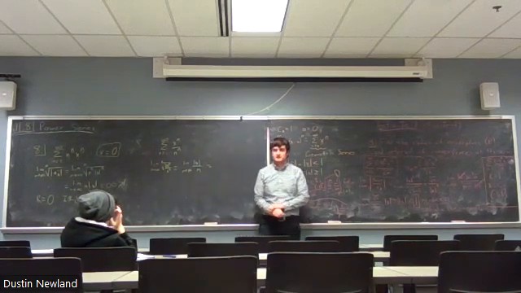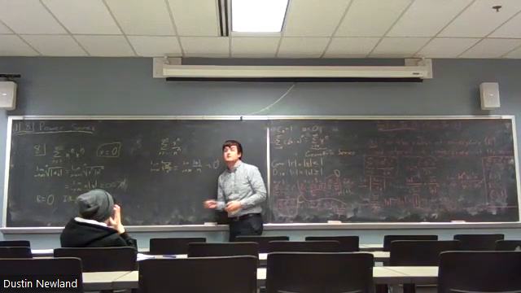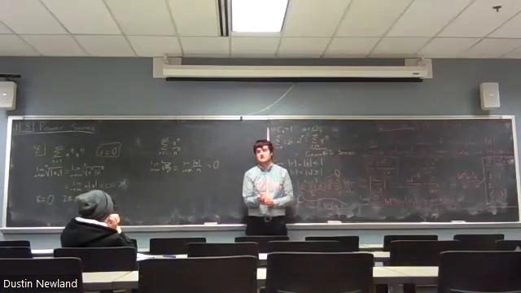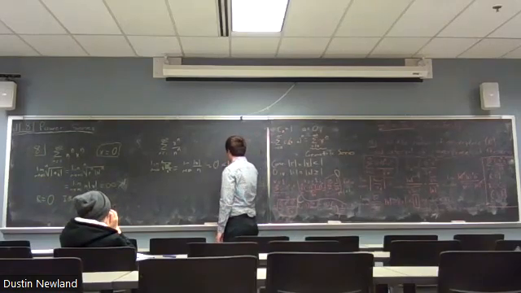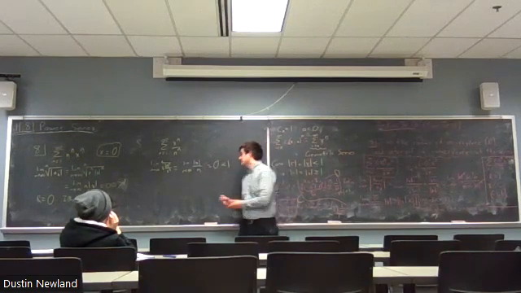What is that limit going to be? It's 0, because I just have some number over n. That's definitely always less than 1, right? Okay, good.